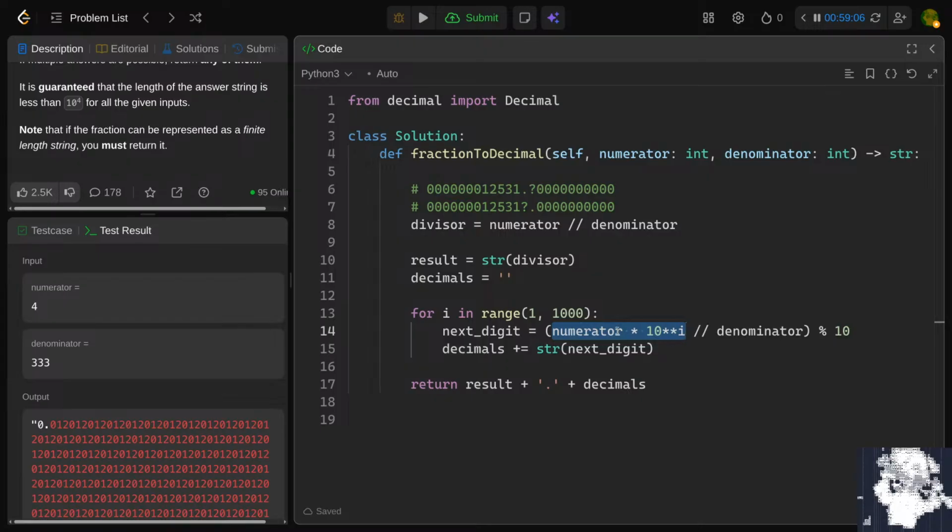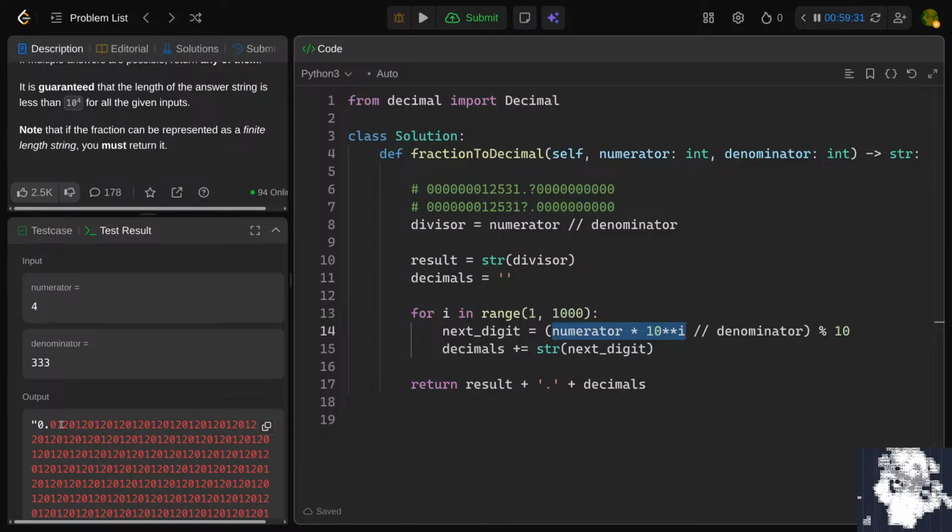So this starts as 4 integer divided by 333, which would give us 0. Then it becomes 40 integer divided by 333, which is the first decimal point, so that's 0.